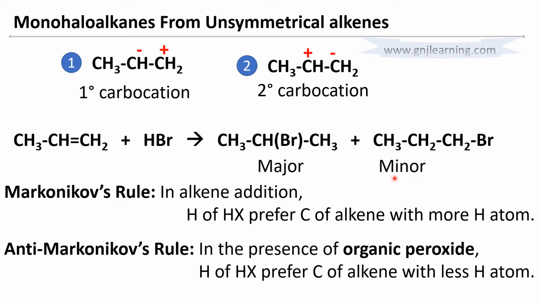For that, along with HBr, I have to add an organic peroxide. Organic peroxide means a compound that contains OOH. Let us see an example, which will be a good example for that. I have a benzene ring, and on the benzene ring I have OOH.